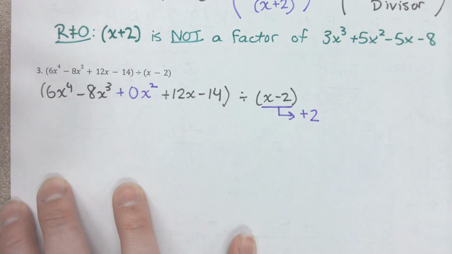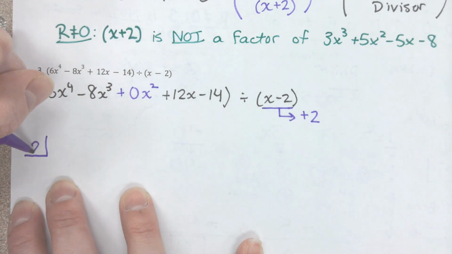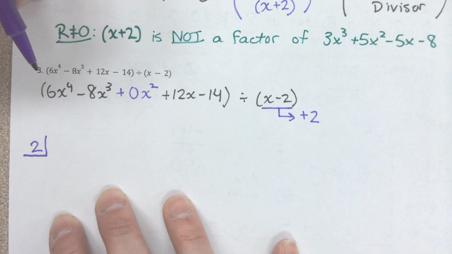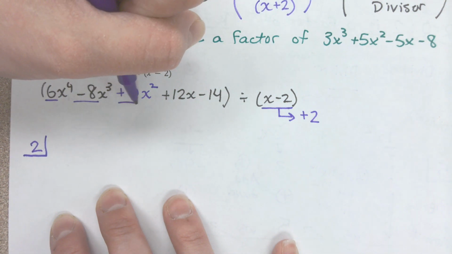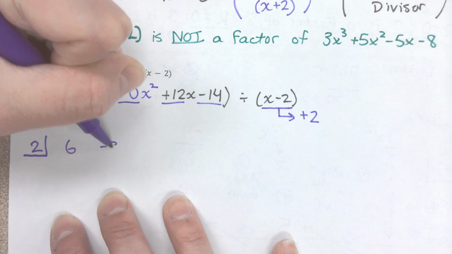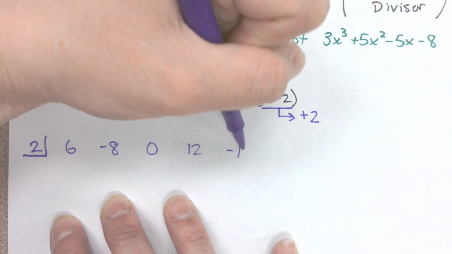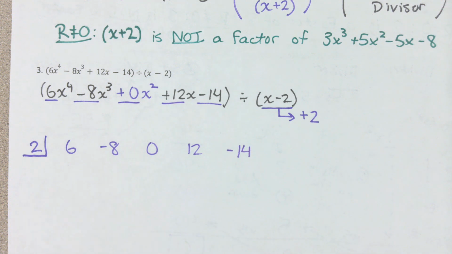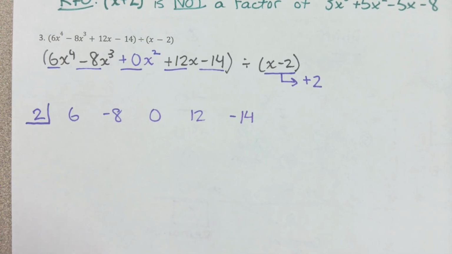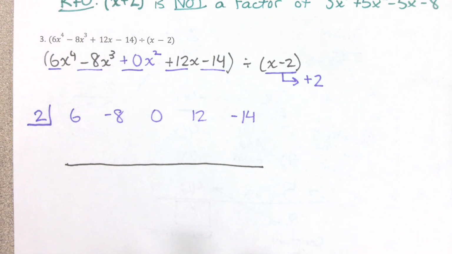Now we can set up our problem. We're dividing by positive 2. We're going to take our coefficients from above. 6, negative 8, 0, 12, negative 14. And then we'll do the math.